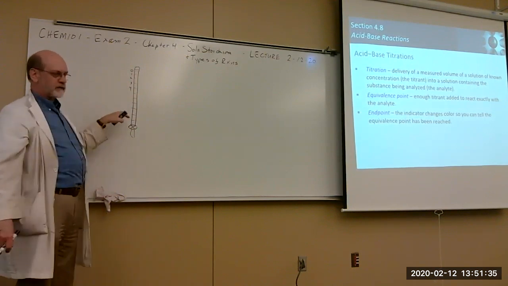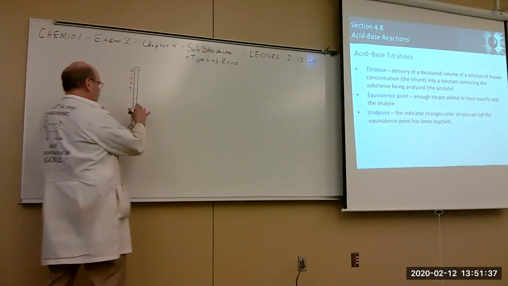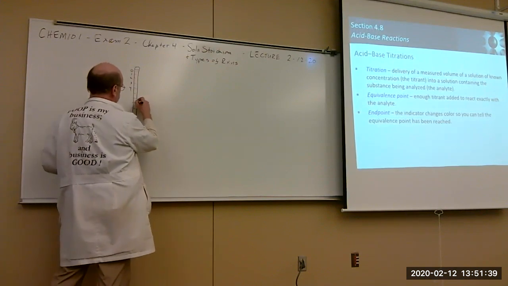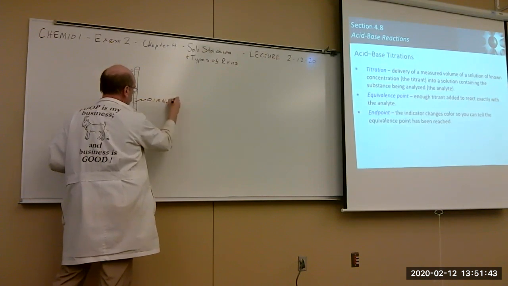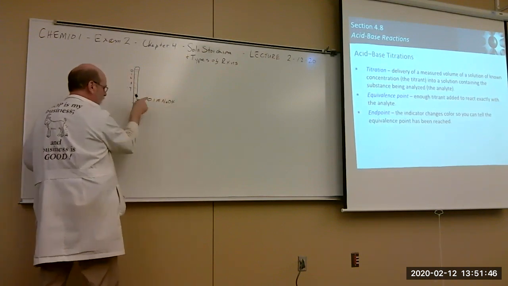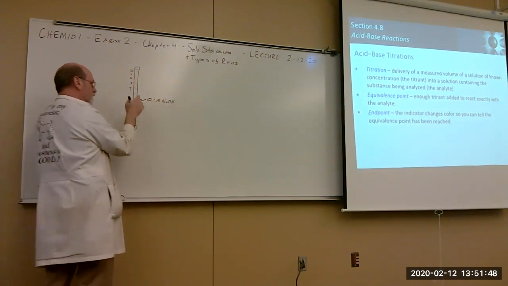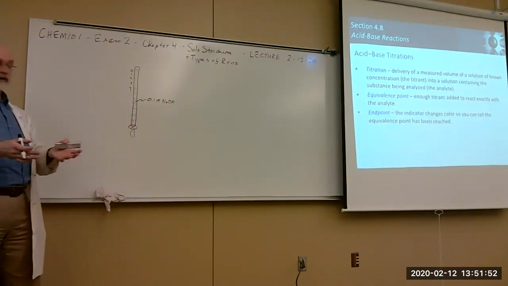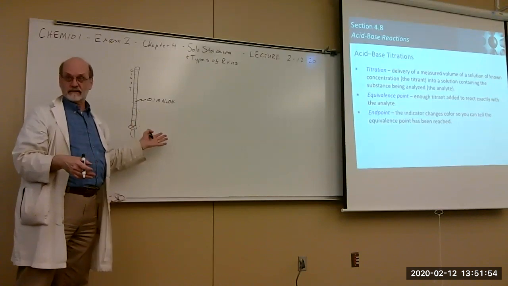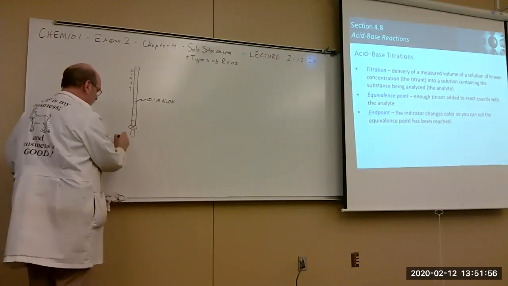This is a burette. If you put something in here, let's say it's 0.1 molar sodium hydroxide. We know that exact concentration. So if we know the concentration and we know how much we delivered, we can calculate how many moles of base were added. Right? So we're going to add it to what?